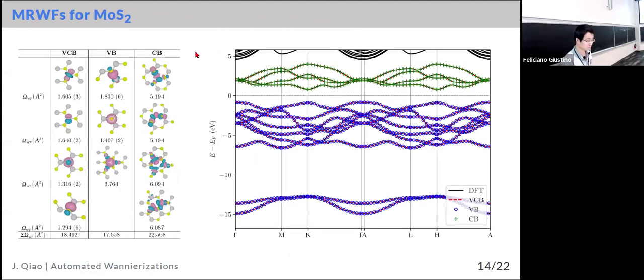So what are the results? If we look at this MoS2 system, we first get this second column, valence plus conduction band Wannier functions, which are just the d and p orbitals. Once we apply our method, we have the valence band Wannier functions, which are the bonding orbitals. You see here, these Wannier functions summed with the same coefficient have the largest magnitude at the hexagon center.